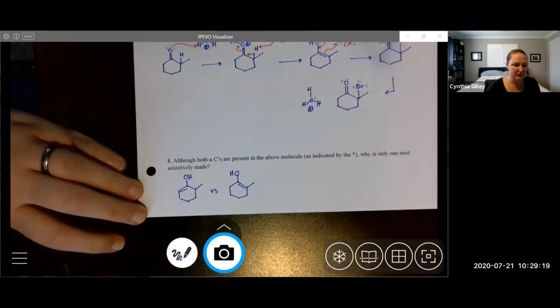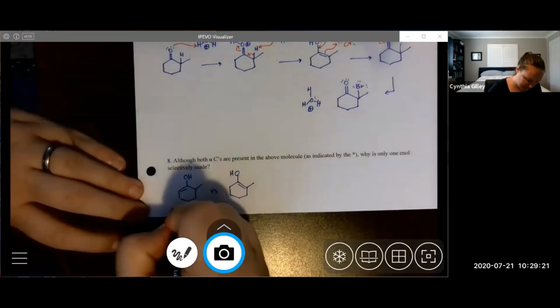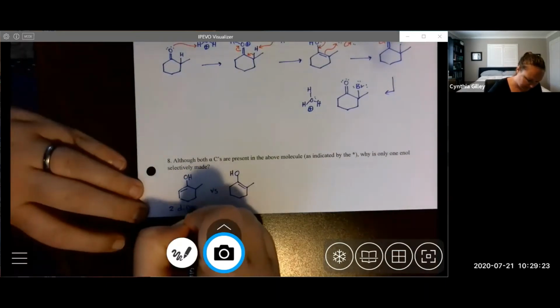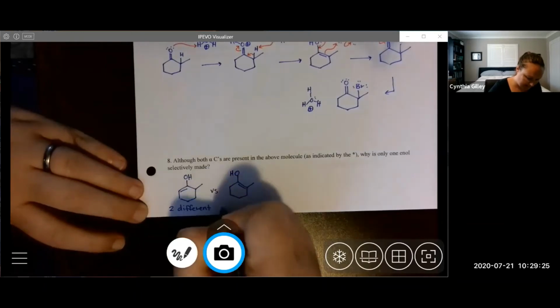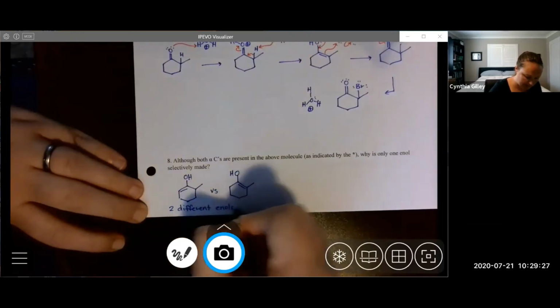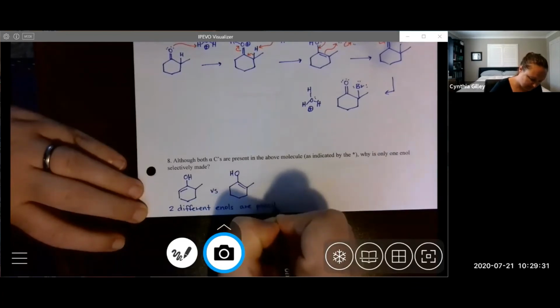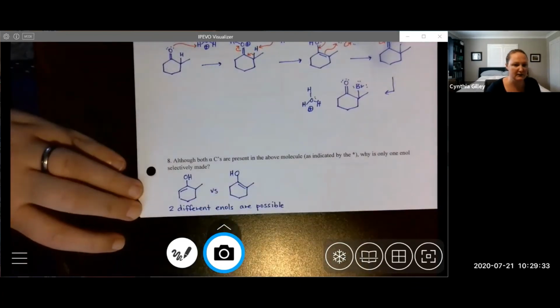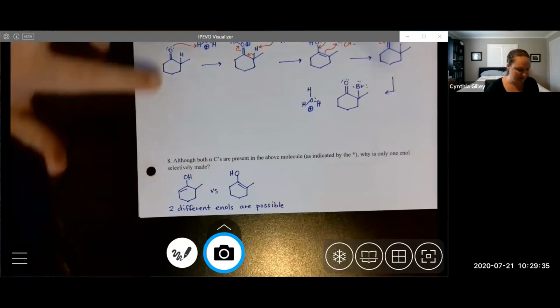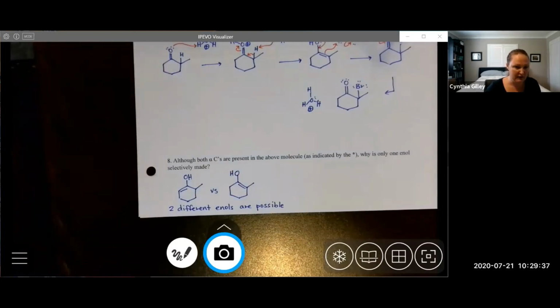So there's two different enols that are possible to form with asymmetric ketones like the one that was used in the reaction.